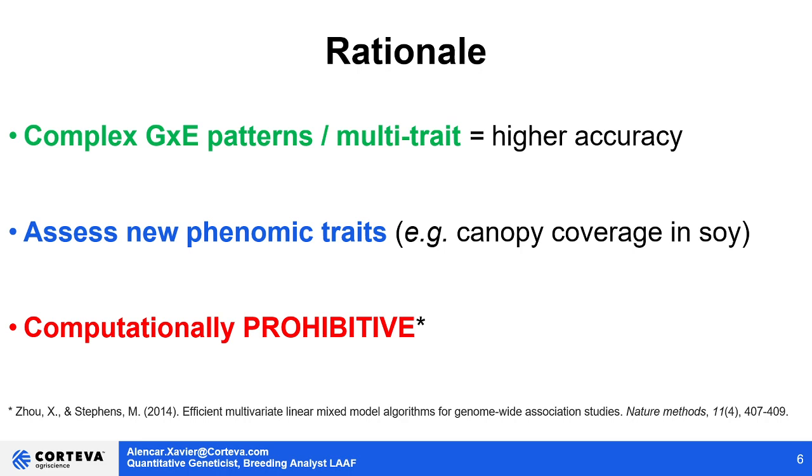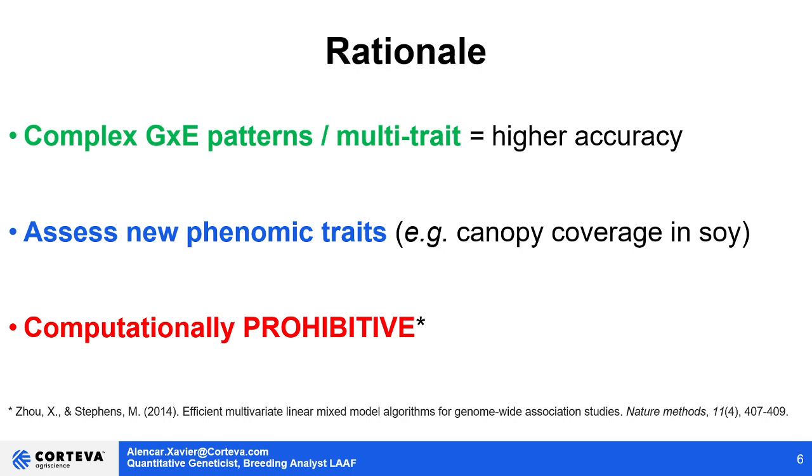So we can also do the same if we perform this modeling with multiple phenotypes. And that usually translates into higher accuracy, because if you jointly model correlated traits, you'll get extra power and more accurate estimators of breeding values.